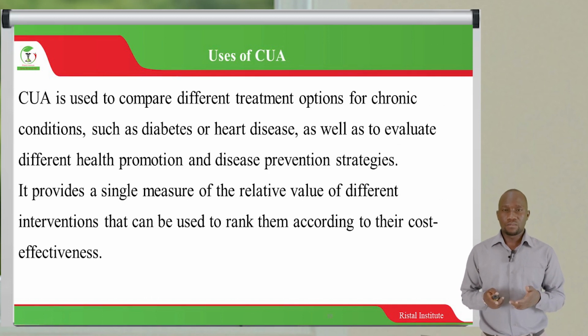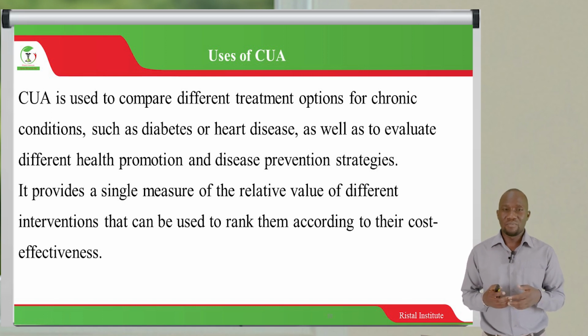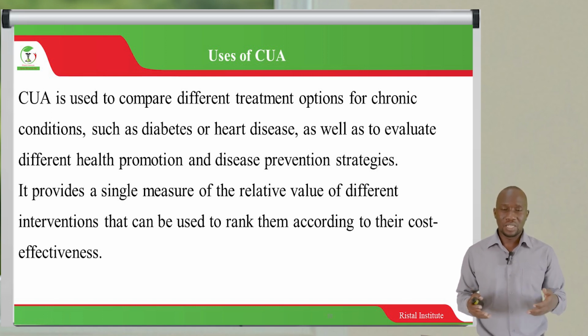So we can use cost utility analysis in comparing the different treatment modalities for chronic conditions such as hypertension or diabetes or heart disease, and determining which one can be used for health promotion and health prevention strategies.